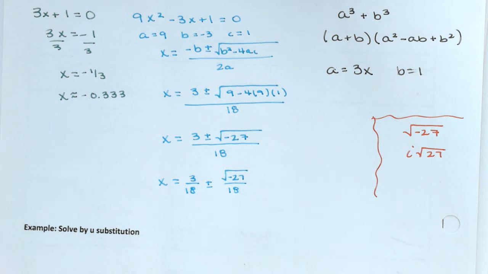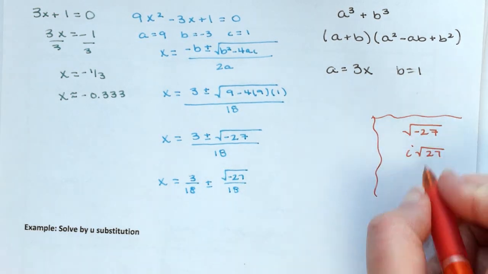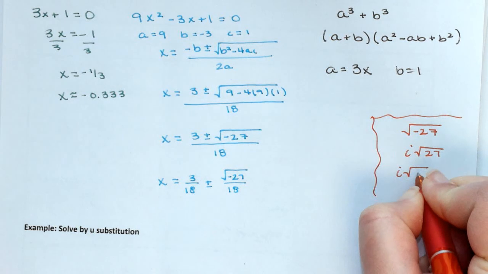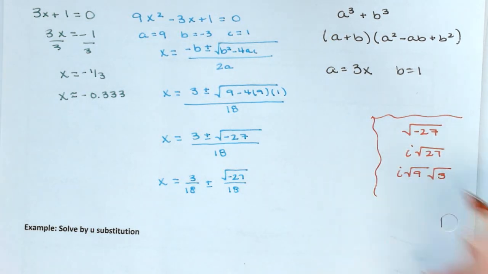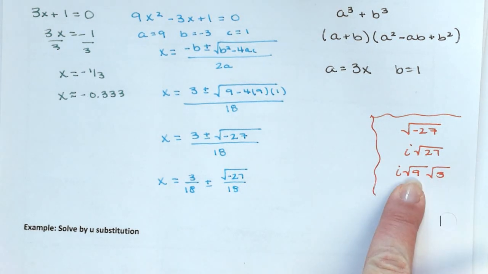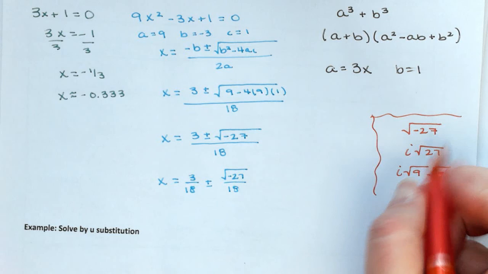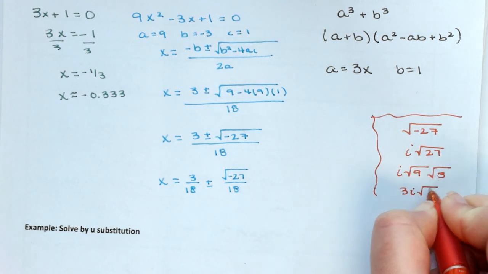I was mixing up cubic numbers. What's a perfect square that goes into 27? 9. So this is i times 9 times what, though? 3. The reason I do that is because now I can take the square root of 9. What is the square root of 9? 3. So I have 3i square roots of 3.